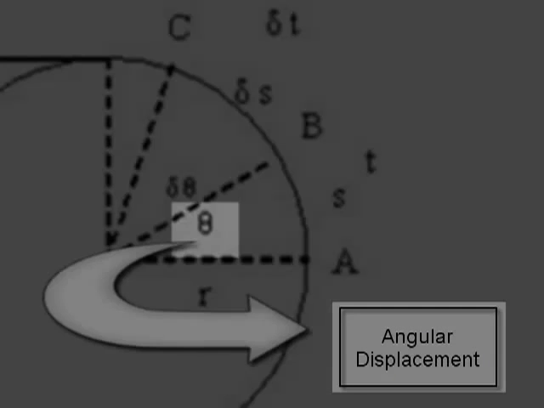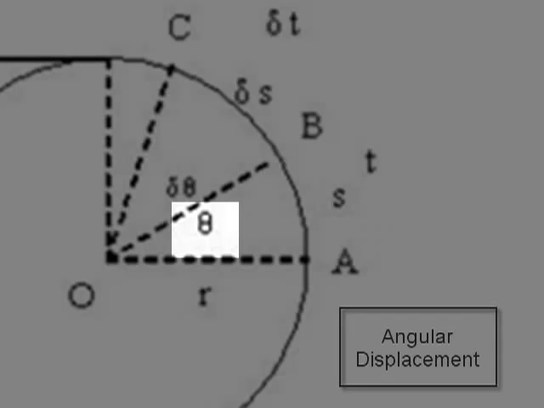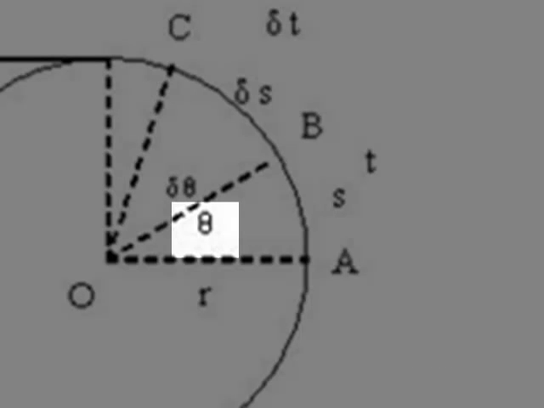So theta is the angular displacement in time t. But theta is not called a true angular displacement because an angular displacement ought to be a vector quantity. Theta is not a true vector quantity because it does not obey all the laws of vector.